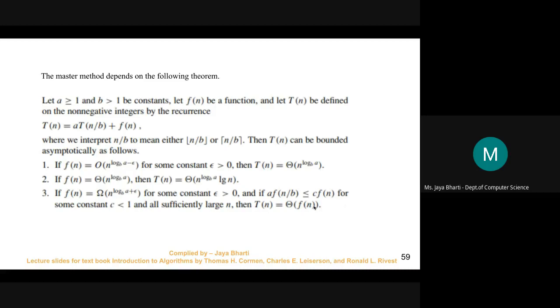So whatever value f of n has, that will be the answer for T of n. You may not understand this yet, but when we take an example, you will easily get it.